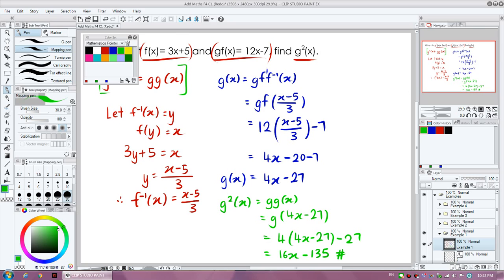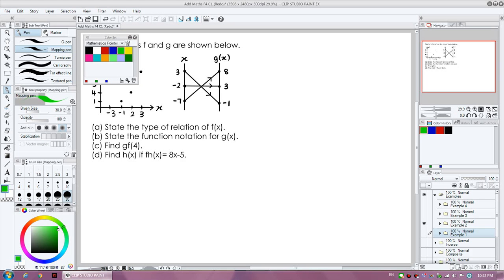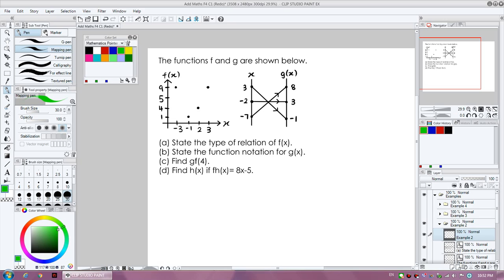Now example number 2. The functions f and g are shown below, f with a graph and g through an arrow diagram, which is more common actually.